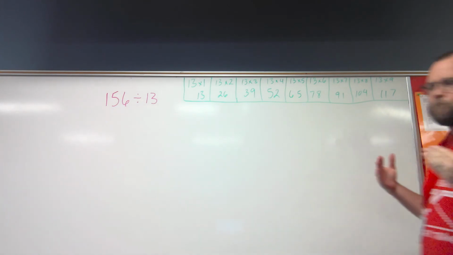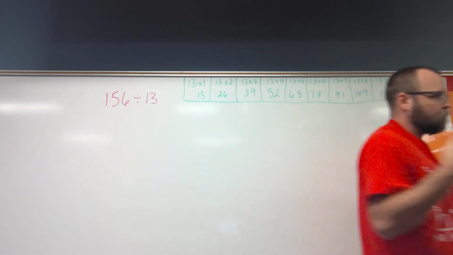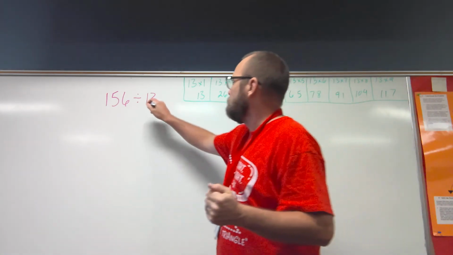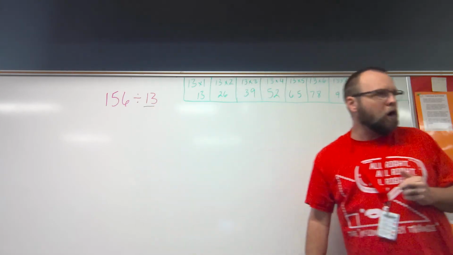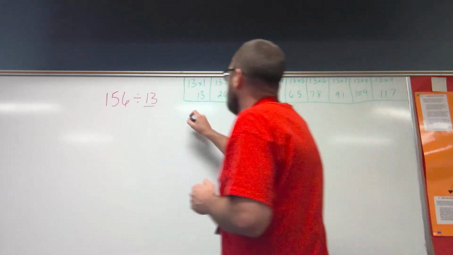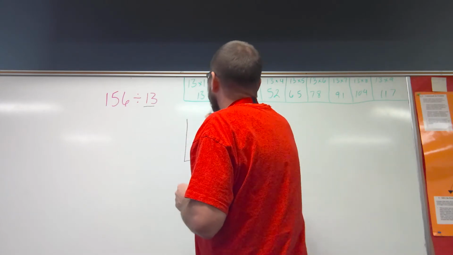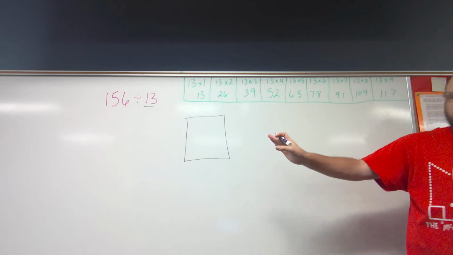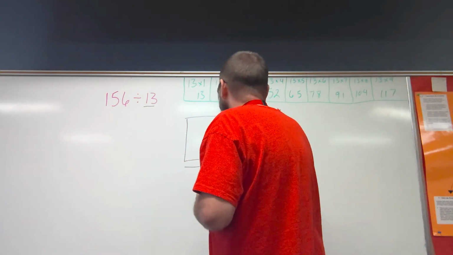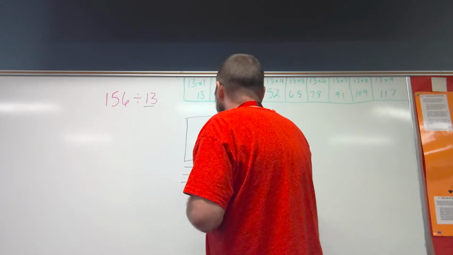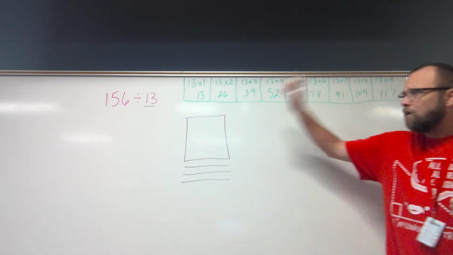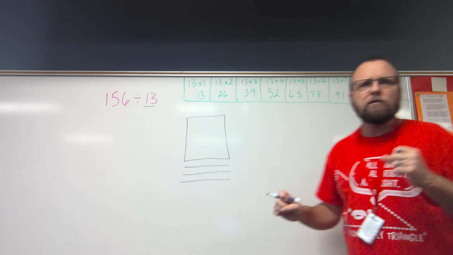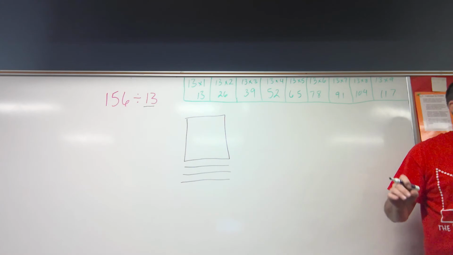out of my depth here, because I'm not comfortable with the base 10 models. But if you watched the video yesterday, you'd know you'd need 13 rows. And so if we have one flat, how many rows are in one flat? 10. Okay? And I need 11, 12, 13 rows. How many total little squares is it? 130.